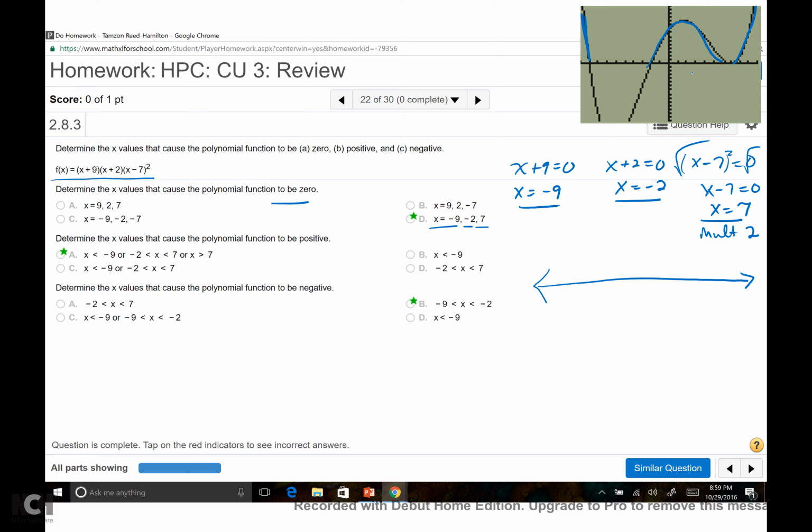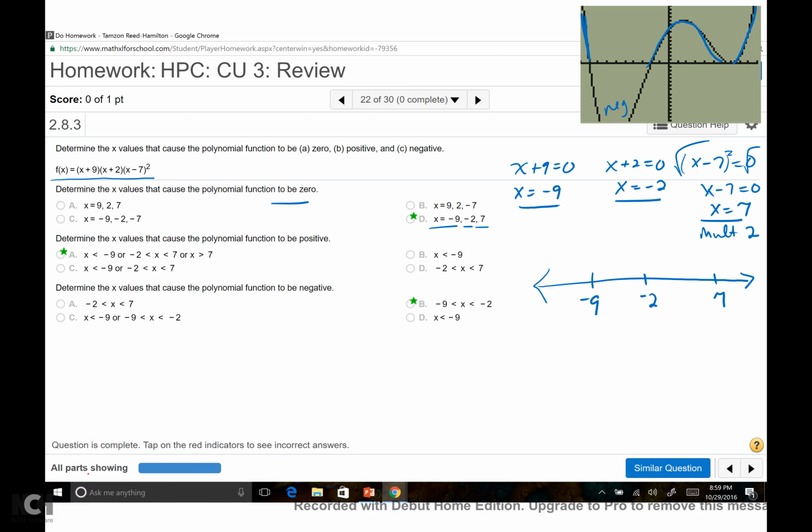And here is negative. Okay? So what you're supposed to do, and I don't mind if especially in a test situation you cheat, but what you're supposed to do is put negative 9, negative 2, positive 7, and then you pick points and you test them.